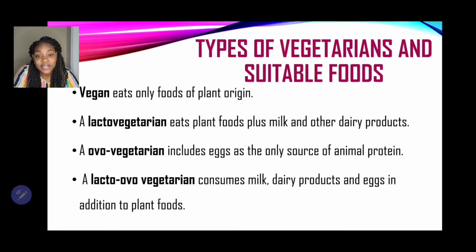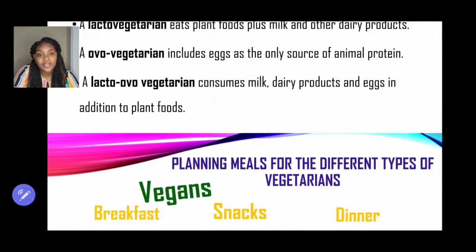There's the lacto-ovo-vegetarian. They consume dairy products as well as eggs and what? Vegetables. And also the ovo-vegetarian, whose only animal source of proteins is eggs, along with plant products. Good. So we have 4 there.